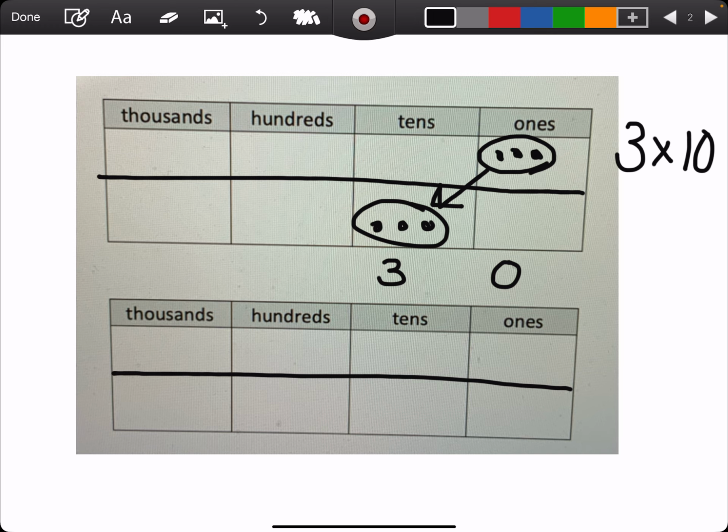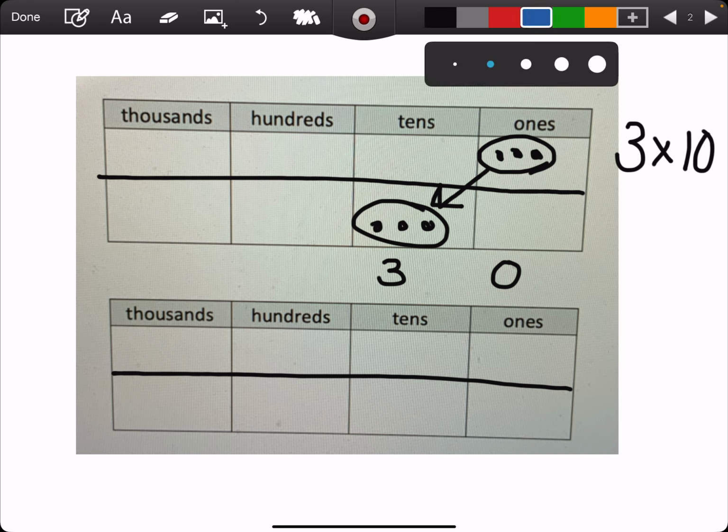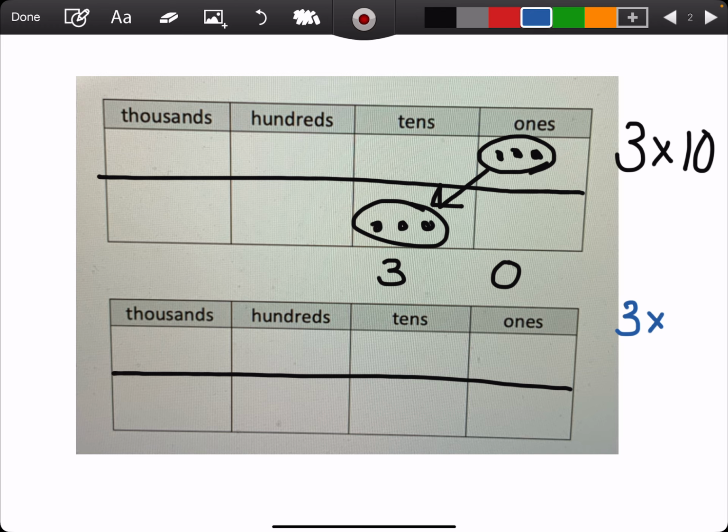Now let's go down here and let's say we want to multiply. I'm going to do this the other way around. What if I want to multiply by 100? 3 times 100. You will see tomorrow or maybe the day after, and actually during today's lesson, some of us started to pick up on the pattern.